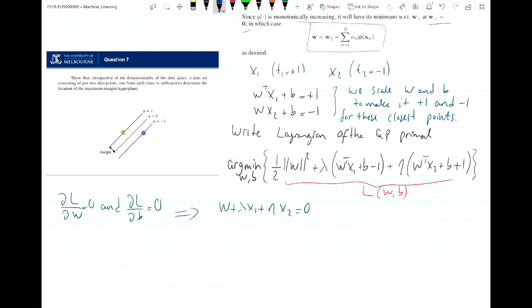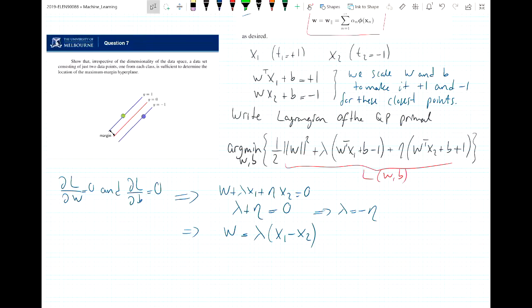The other one, with respect to b, will give me lambda plus eta equals 0, right? So from here we immediately have them as minus of each other, and then we substitute it in. We get w as lambda times (x1 minus x2). Okay. And then we substitute it and get the b out of this.